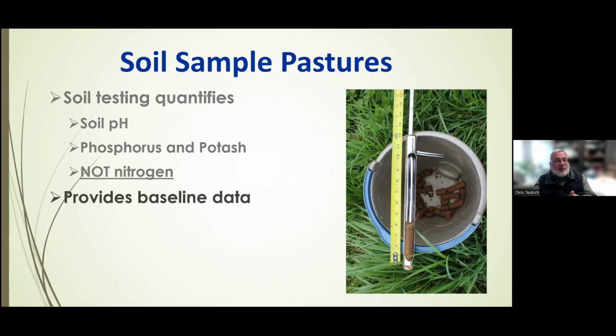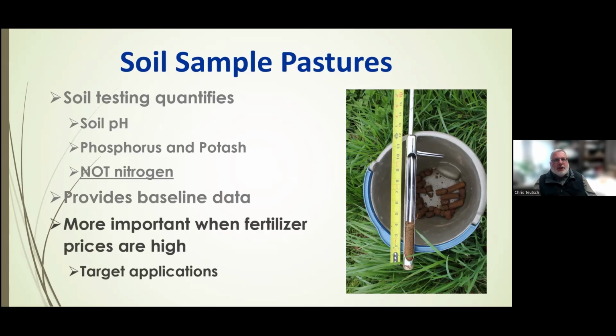It's hard to manage something we don't measure. So this soil sampling provides that baseline data that allows us to start to manage an active soil fertility program for our hayfields. And it's even more important when fertilizer is very high in price because it allows us to target applications. So we're putting on just what we need, not more, but just the right amount.